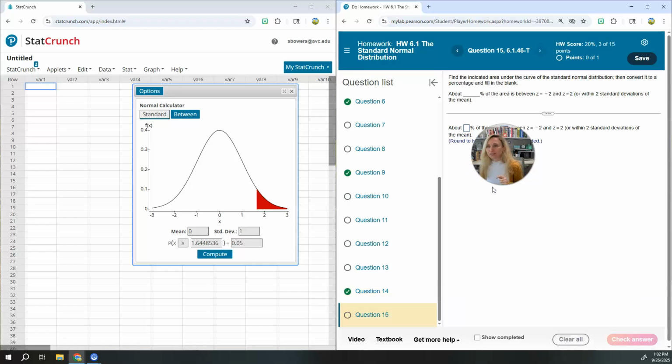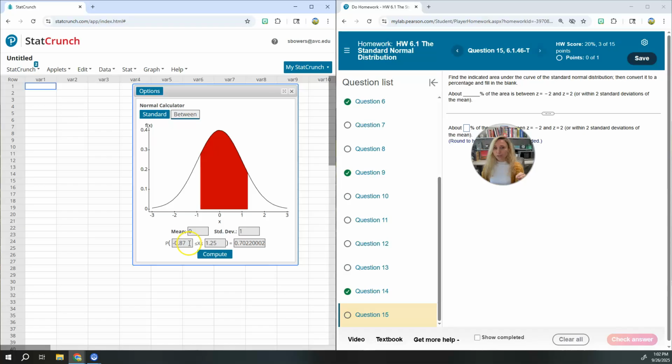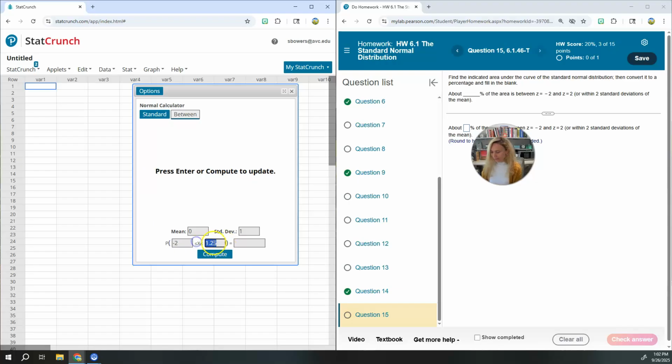Now, the next interesting question is asking us to find the area between the two z-scores, z negative 2 and z positive 2. We're going to use the same normal distribution calculator, and we will input for the x values negative 2 and positive 2.